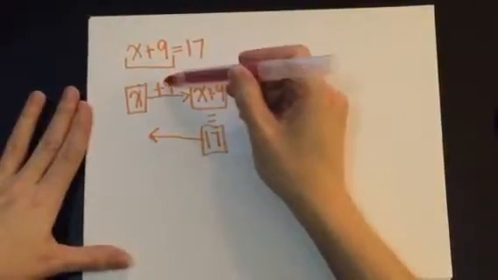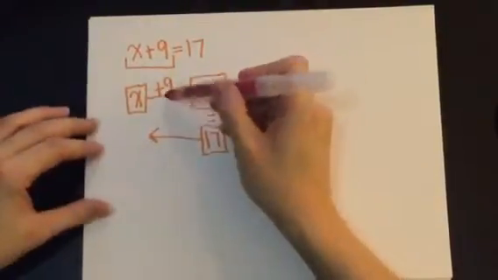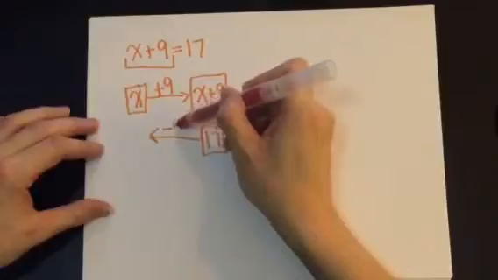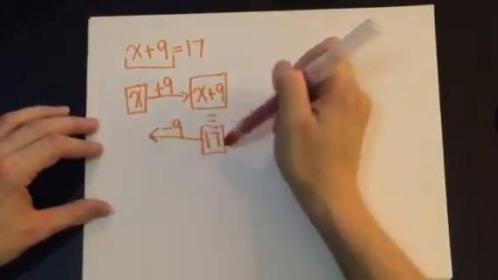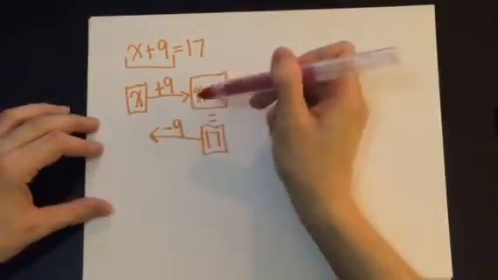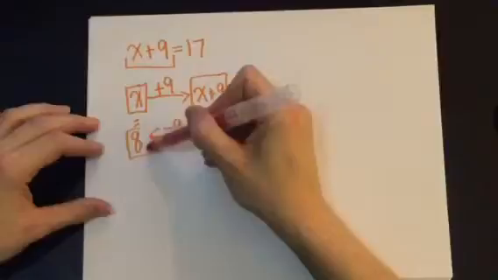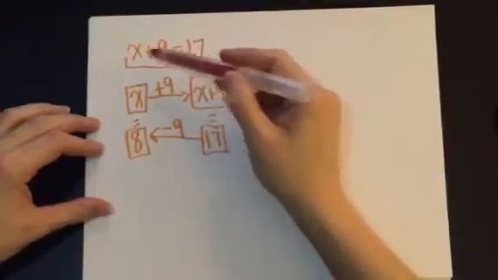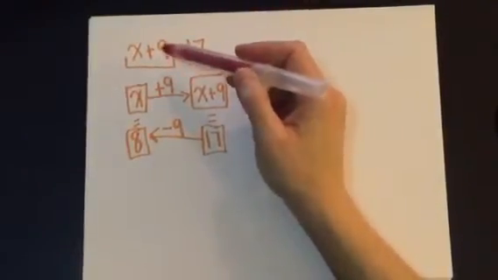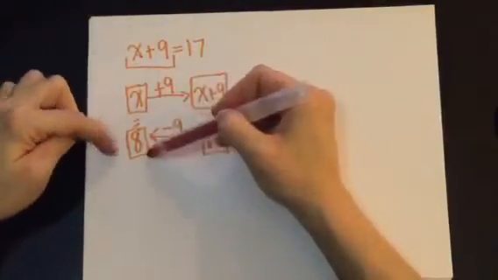To undo adding 9, we subtract 9 since we're moving backwards. We have 17 minus 9, which is 8. And we know 8 plus 9 equals 17, so x equals 8.